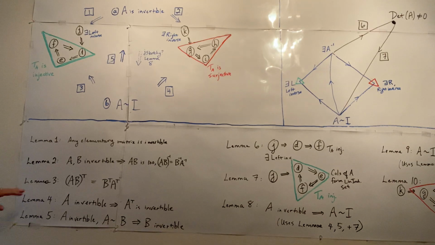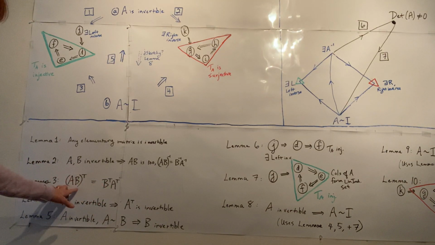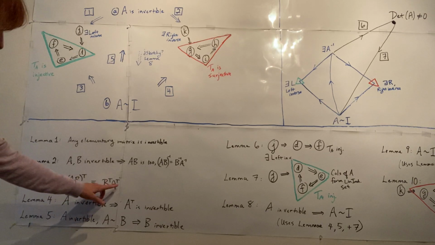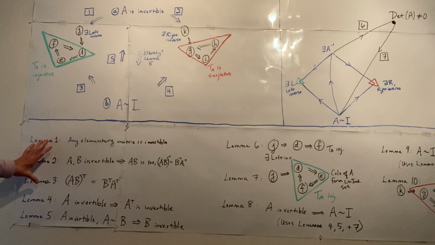That was very nice. Lemma 3 is just thrown in there to be kind of consistent with the notation. The transpose of the product is the product of the transposes but switched. We discussed all that in the video on section 2.1 and 2.2. Okay, so now here's some new stuff.